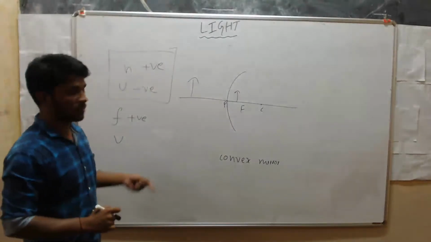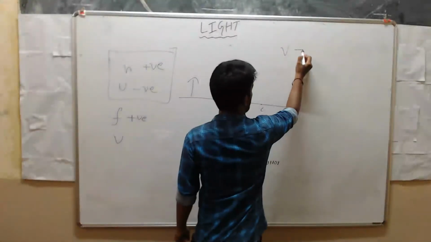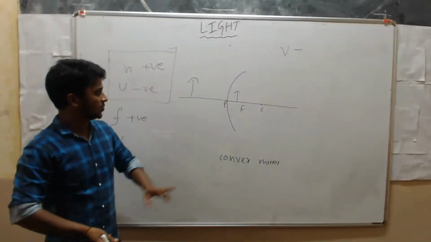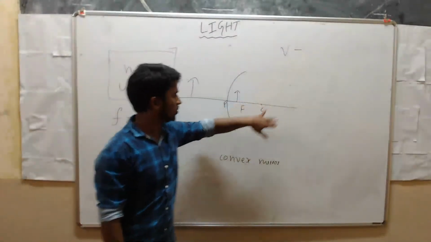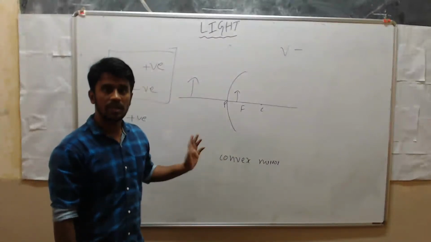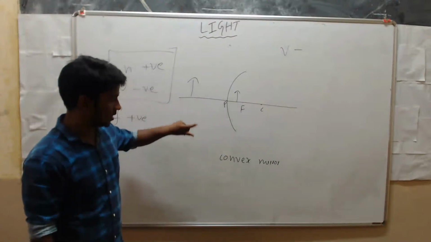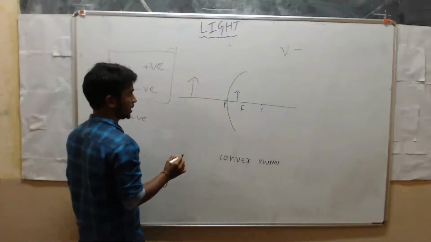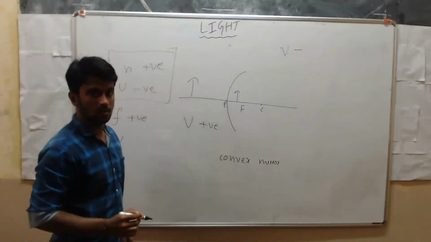So if the image is real, then we should get the v value negative. I'm talking about mirrors only. So if, while solving problems, they mention the mirror is convex, at that time always you should get the v value positive.